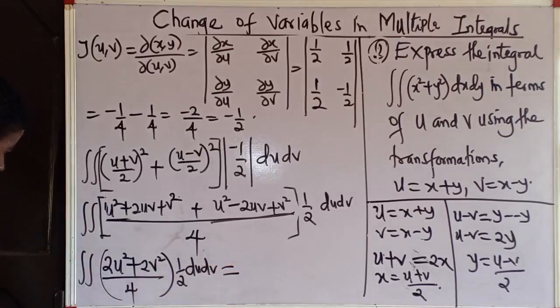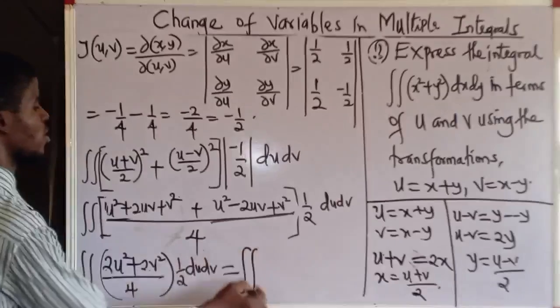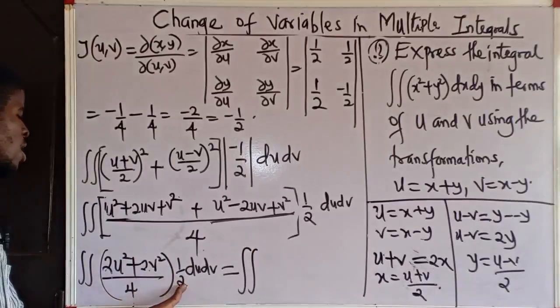Alright, see something. 2 is common to these 2 outside. So if I bring the 2 out, it can cancel this 1 under. Or if it cancels this 4, we will not be having 2 left yet. So whichever one it cancels, we are still on point. So we have the double integral of, let's say it cancels this one outside.